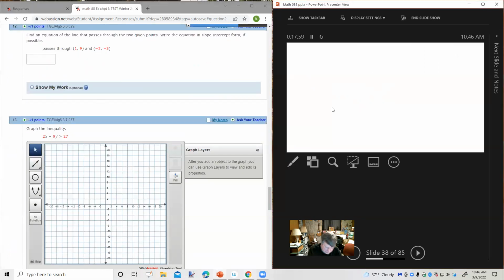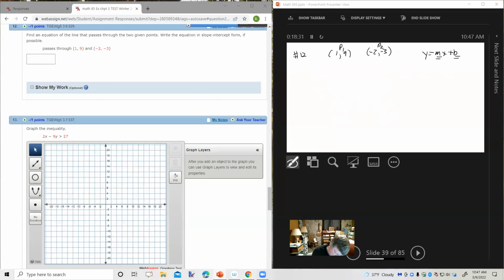And over here, number 12, find an equation of the line that passes through the given points. Write the equation in slope-intercept form if possible. Okay, so we've got these two points, and we want our equation in slope-intercept form if possible. So we need to find the slope and the y-intercept. First of all, let's find the slope.